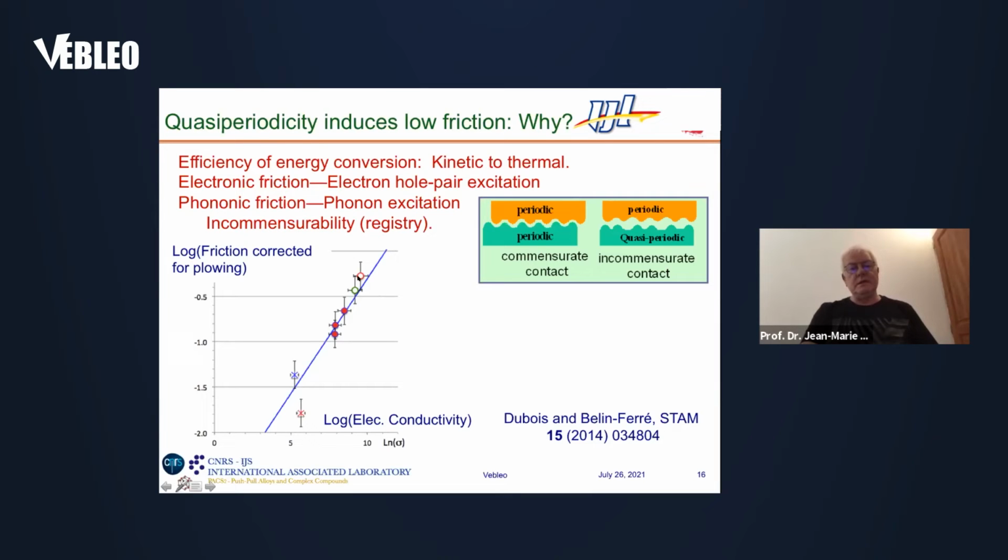And you see clearly that there is a correlation between the friction which is observed and the electronic conductivity, which is dominant to understand the adhesion part of the friction.